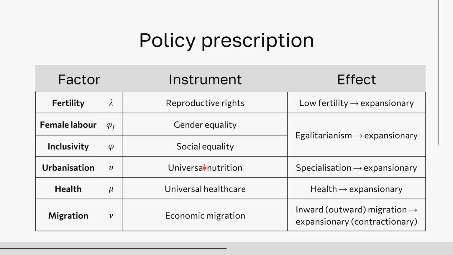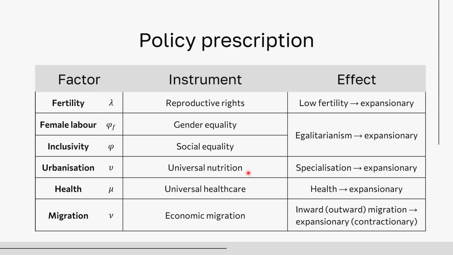So the key to urbanization is actually universal nutrition, making sure that all your economic agents have the right complement of nutrients in their bodies that allows them to then expend their energy towards specialized output, which again has an expansionary effect on economic growth and productivity.